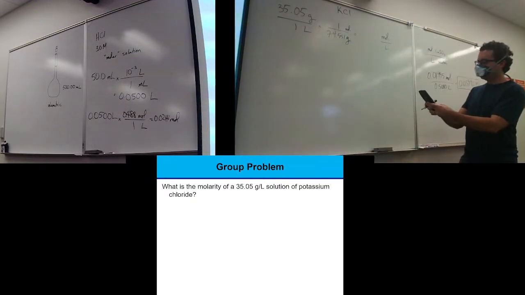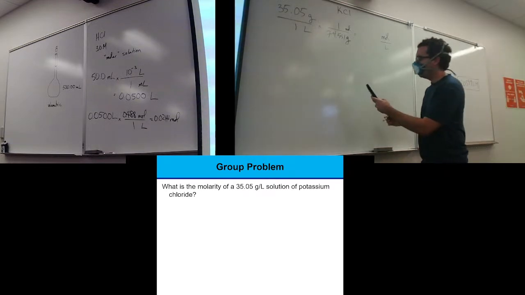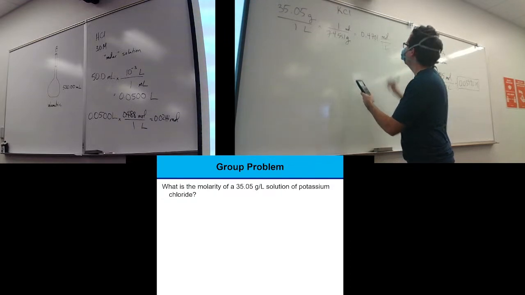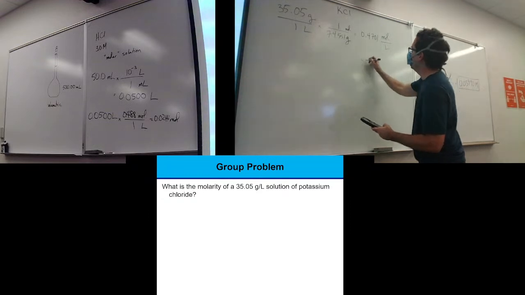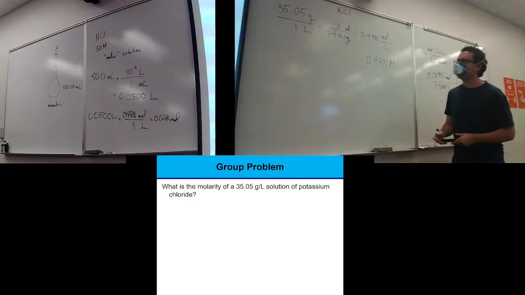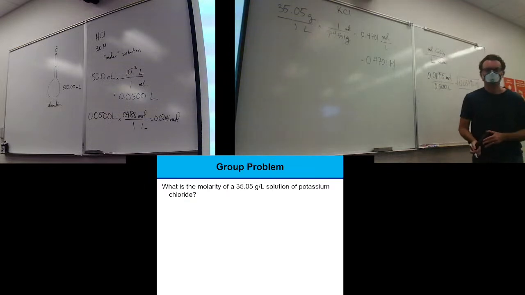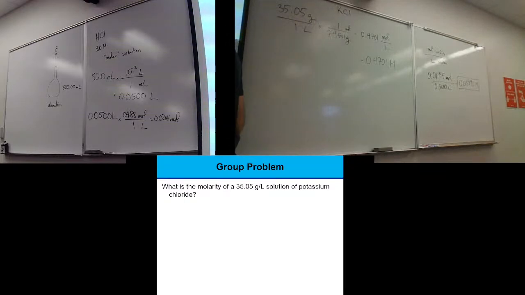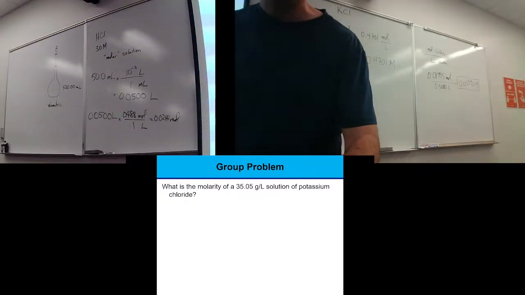And magically, I've got it, not magically, but I've got it converted into moles per liter. 0.4701. And this is the same as saying molar. That is exactly the concentration we want. So we just converted that kind of concentration to the one that we want to use.